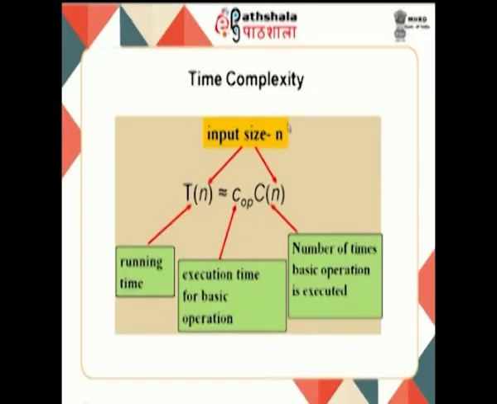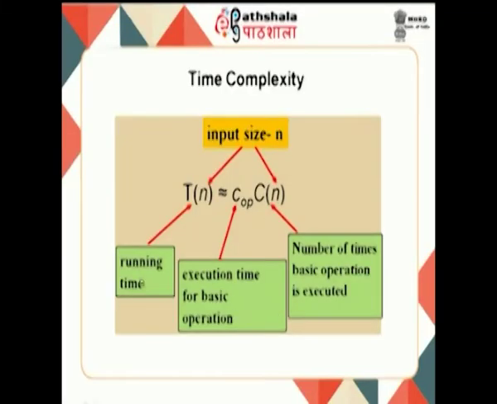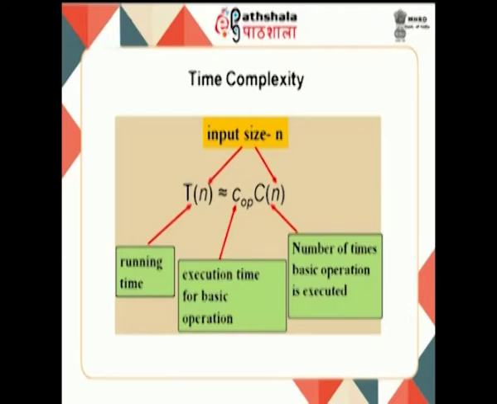Let us assume the input size is n, then T of n, the time function in terms of the input size n, which is called the running time, is approximately equal to C op into C of n, where C op is the execution time for a basic operation, any basic operation, and C of n is the number of times the basic operation is executed. We are assuming the time taken for all basic operations irrespective of the type is a constant.